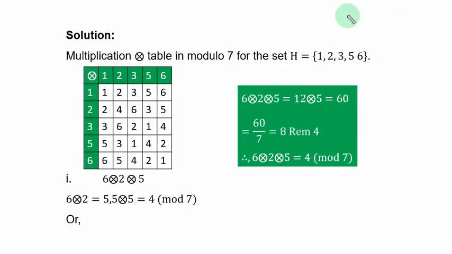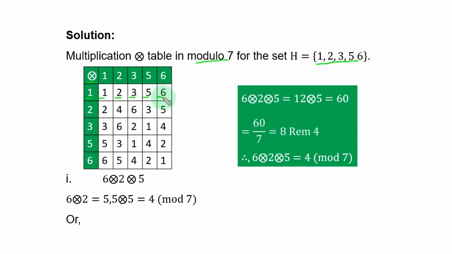So we start by constructing the multiplication table in modulo 7 for the set with the elements 1, 2, 3, 5, 6. So you arrange the elements in row and column. This is multiplication. If you use the first element in the row to multiply each element in the column, 1 times 1 is 1, 1 times 2 is 2, 1 times 3 is 3, 1 times 5 is 5, 1 times 6 is 6.